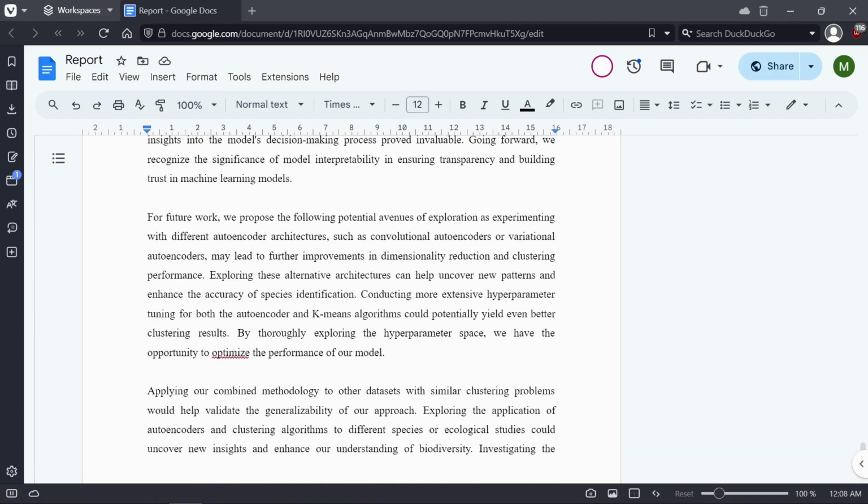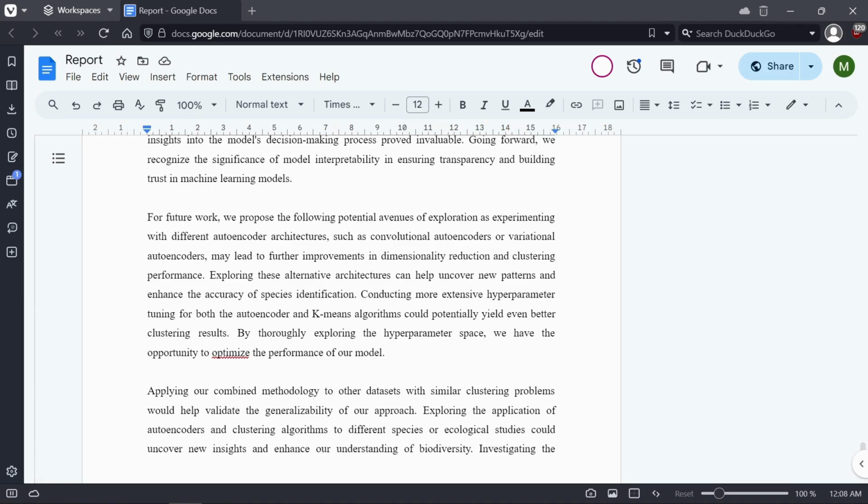For future work, we propose the following potential avenues of exploration. Experimenting with different autoencoder architectures, such as convolutional autoencoder or variational autoencoder, may lead to further improvement in dimensionality reduction and clustering performance.